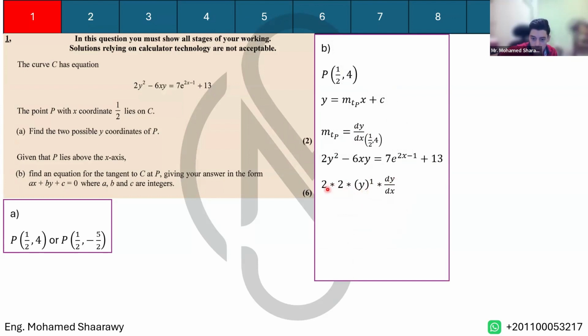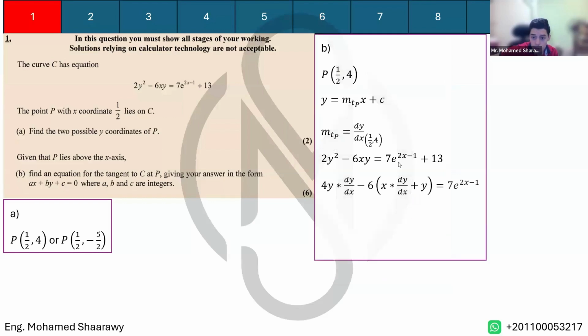This can be simplified into 4y dy by dx, and this -6 I leave as it is because it is a constant multiple.